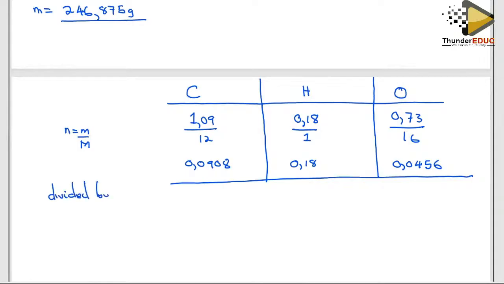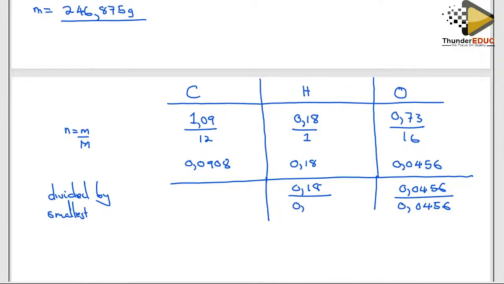Looking at these values, the smallest is 0.0456, so I'm going to divide by 0.0456. For oxygen, 0.0456 over 0.0456 gives a value of 1.